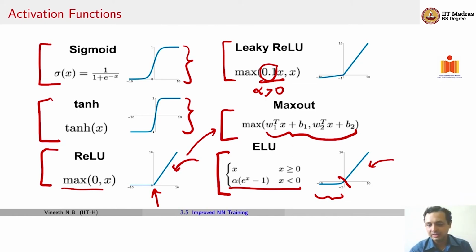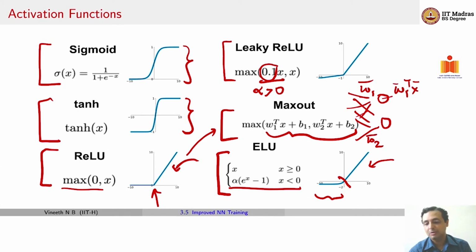Remember here that this would be the output of 2 of these neurons. Let's assume that these were 2 neurons in some layer of the network. So assuming that the weights coming into this neuron were the W1 vector, and the weights coming into the second neuron were the W2 vector, the output of this neuron would be W1 transpose X plus B1, and the output of this neuron will be W2 transpose X plus B2.